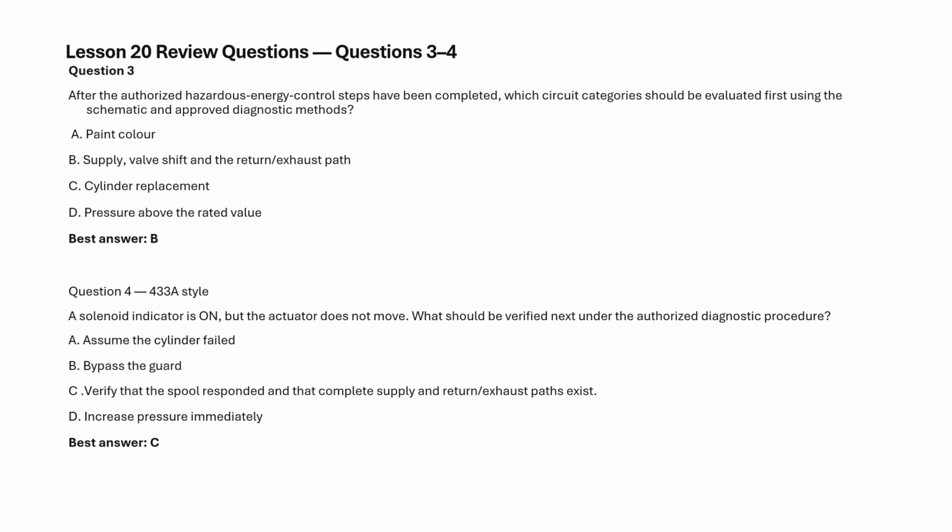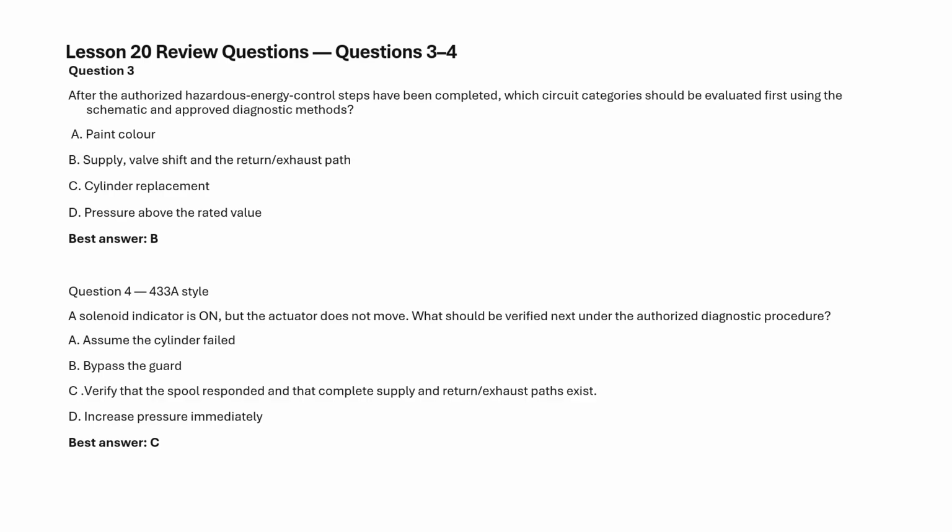Question 4. A solenoid indicator is on, but the actuator does not move. What should be the verified next step in the authorized dynamic procedure? A. Assume the cylinder failed.